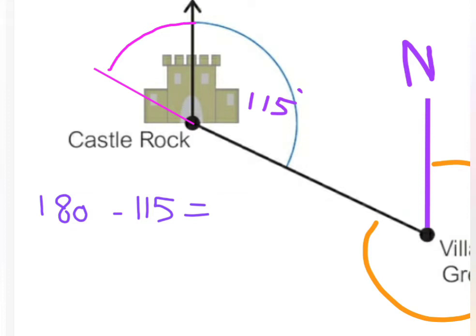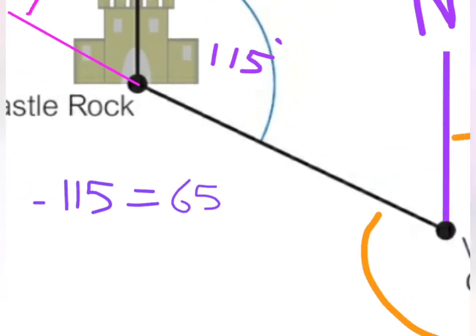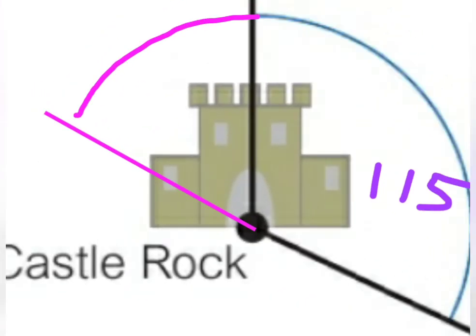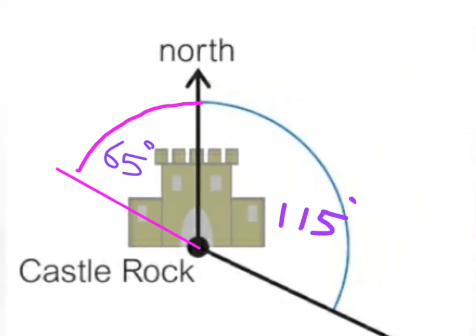You can use the calculator to do that. Because when you add them, 5 plus 5 is 10, and you will have the 180. So this angle is 65.